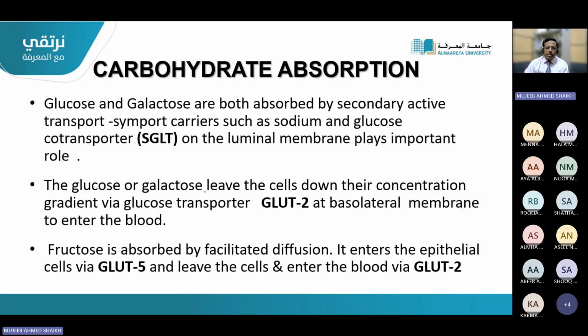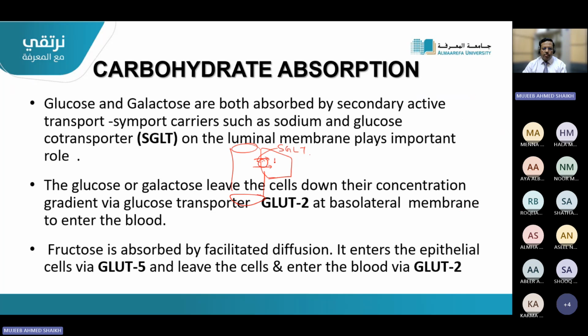So how is sodium moved in? Sodium moves in by a protein, a channel. Suppose this is an epithelial cell and here is the lumen. Here is the SGLT, the sodium glucose transporter, a carrier protein.